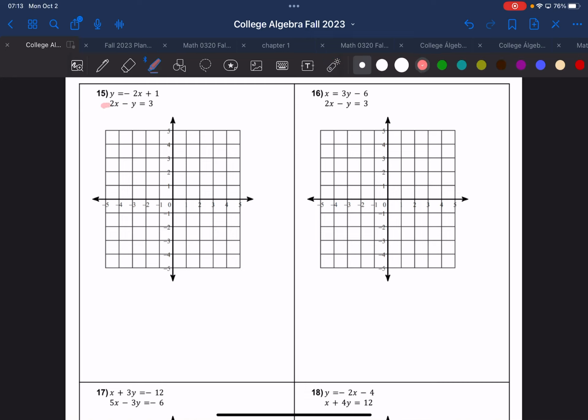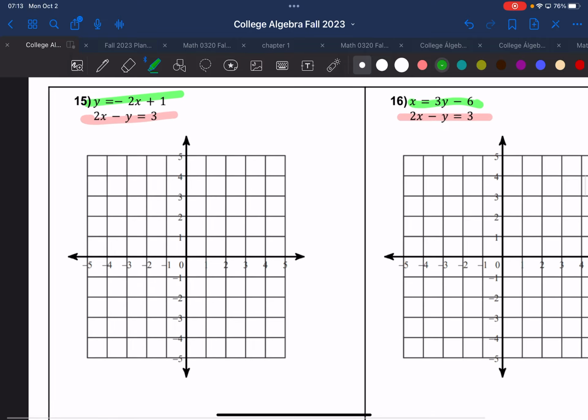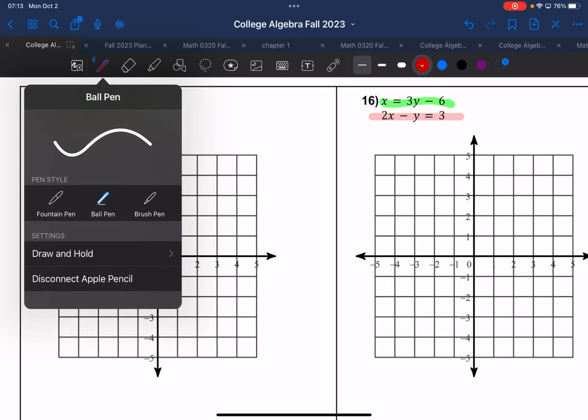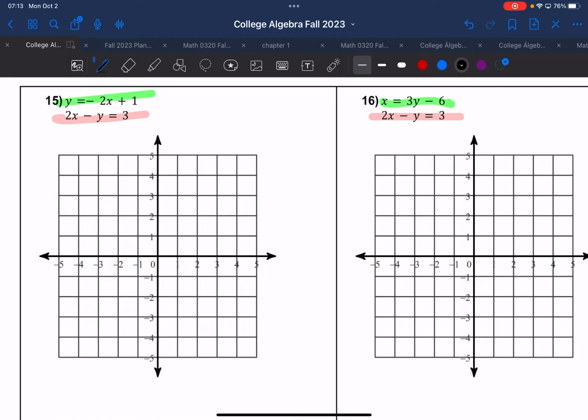Okay. So looking at 15 and 16, notice that one of our equations is already in the correct form. So from there we can already find our y-intercept and our slope. We know our y-intercept is 0, 1, and our slope is -2/1.